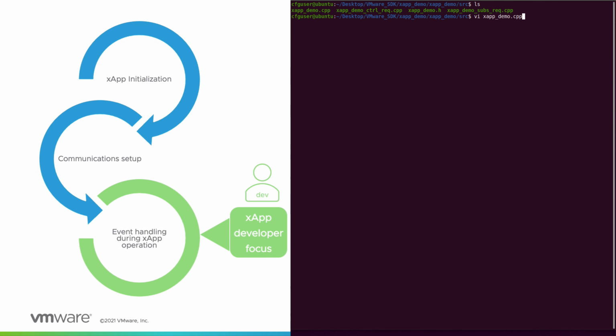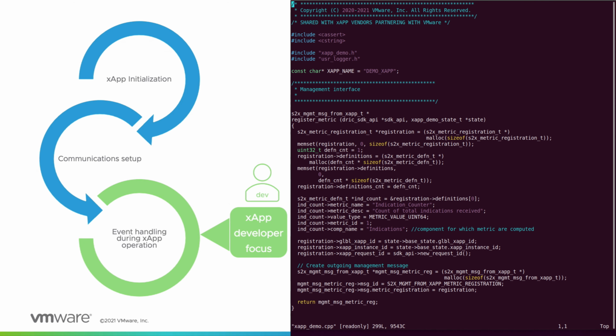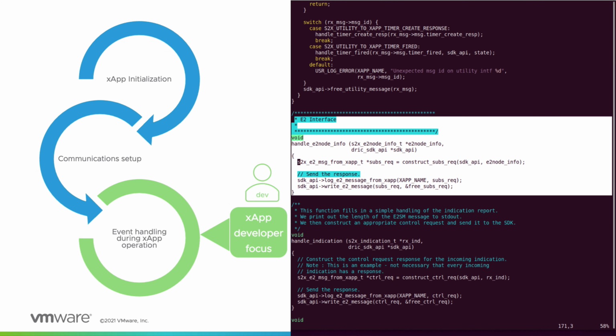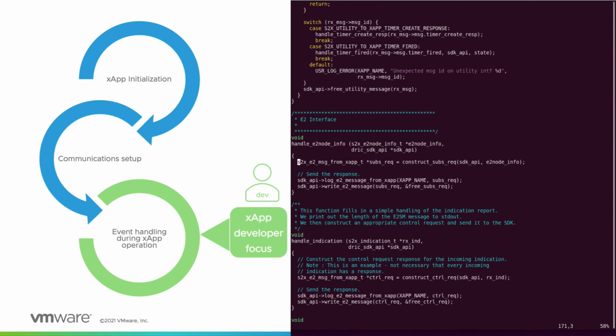Structured in three areas, the reference xApp first initializes the application by initializing the SDK and registering with the RIC. Then, based on the new application's requirements, the reference xApp will activate the necessary subscriptions to the E2 nodes. From this moment on, the SDK will be handling all communications with the RIC and E2 nodes, thus allowing the developer to only focus on the main purpose of the application.